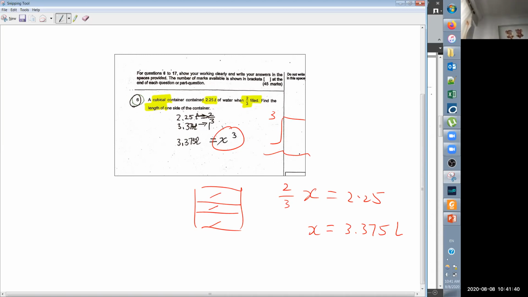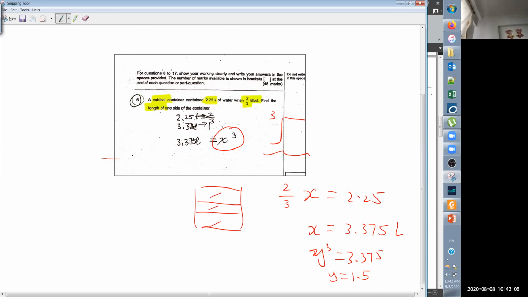OK, so x cube is 3.375, so x is equal to 1.5. So the length of one side is 1.5.